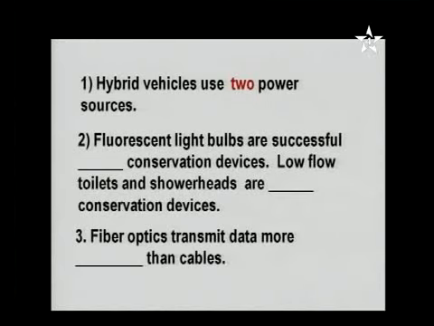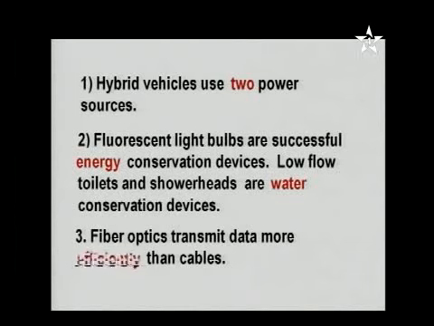Next. Yes. Fluorescent light bulbs are successful energy conservation devices. The next one is, of course, water. Low flow toilets and shower heads are water conservation devices. The last one?